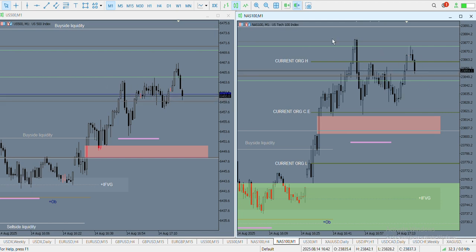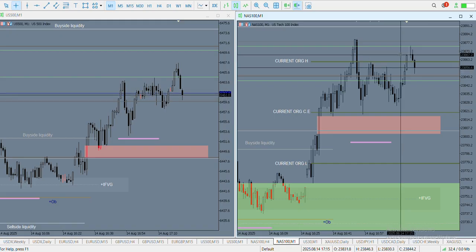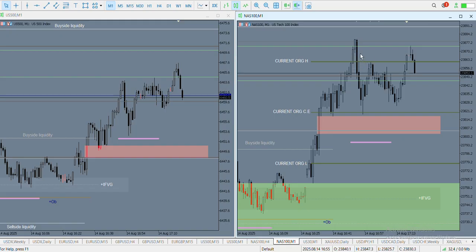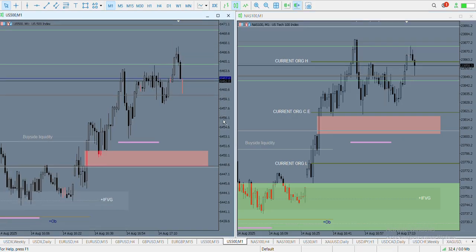So if you look at price here, we've traded into this inefficiency. I talked about this inefficiency. I mean, we went through it, but I talked about how I want to see whether we'll reject from this inefficiency. And look at price here. We have a swing high here. Beautiful. We're trading lower now. So we've touched yesterday's opening range gap low.